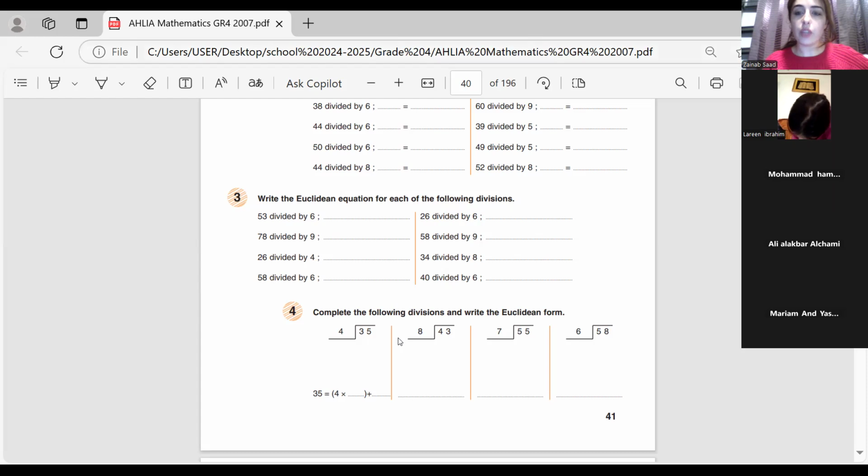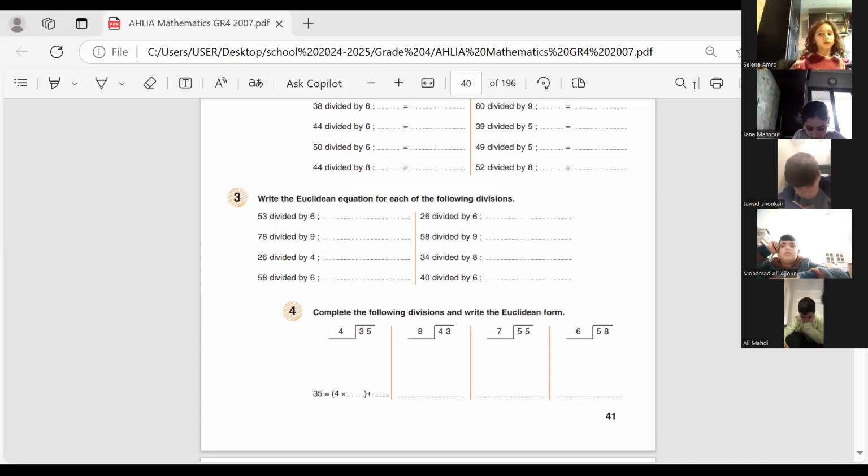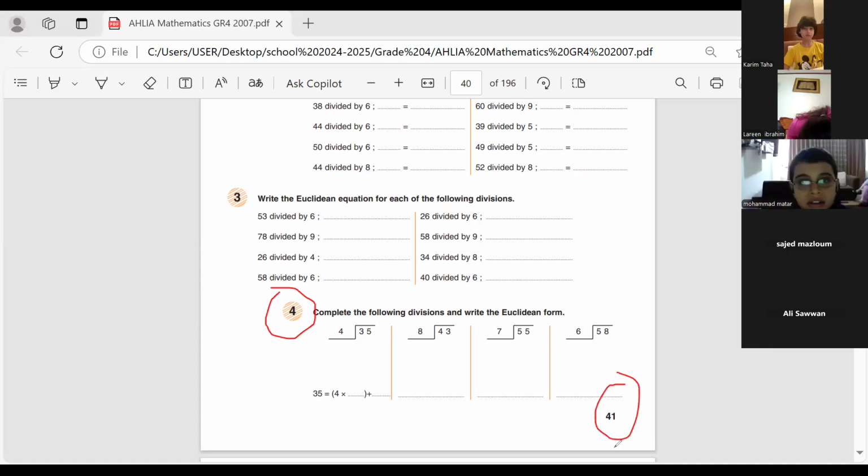Exercise 4, page 41. I don't have the book. Okay, do it with me here, I put the book for you. Do it on a draft paper. Exercise 4, page 41.